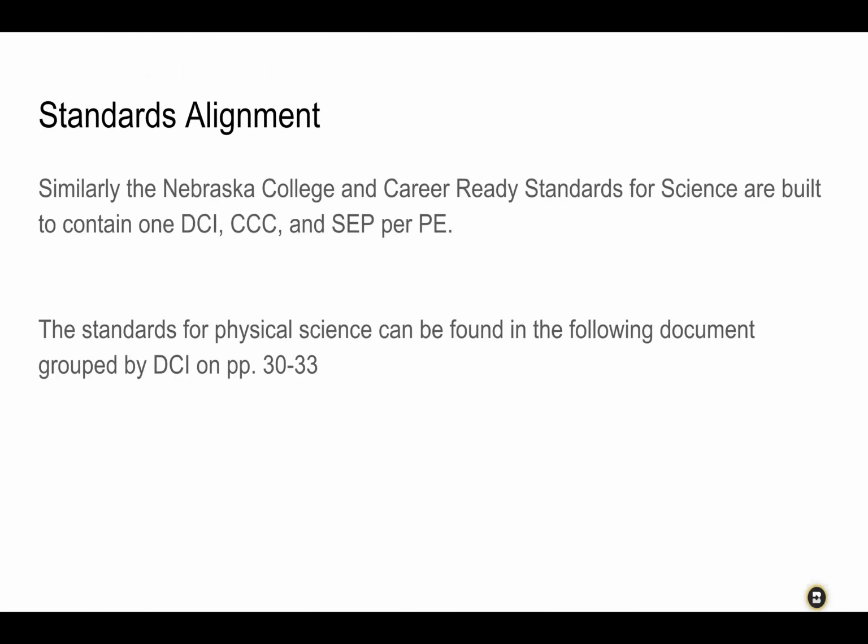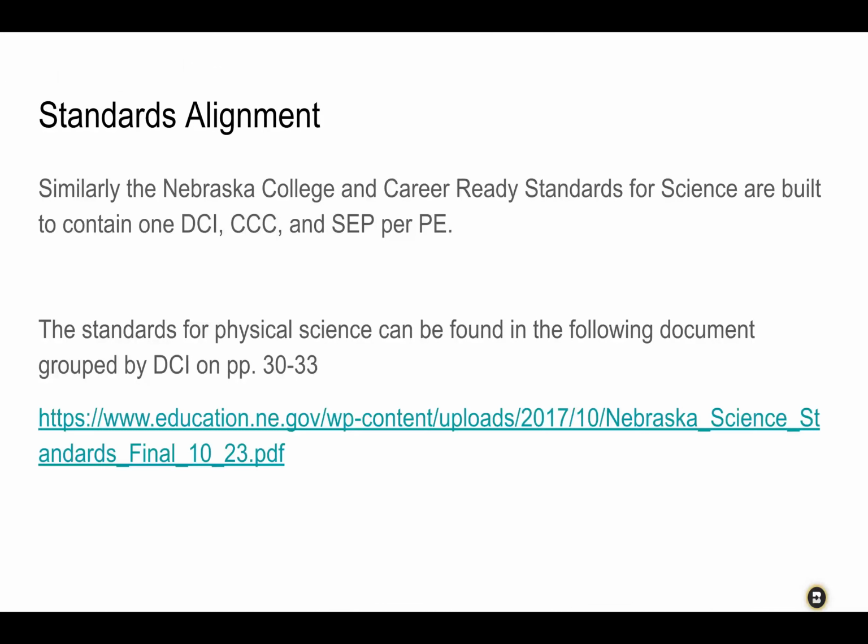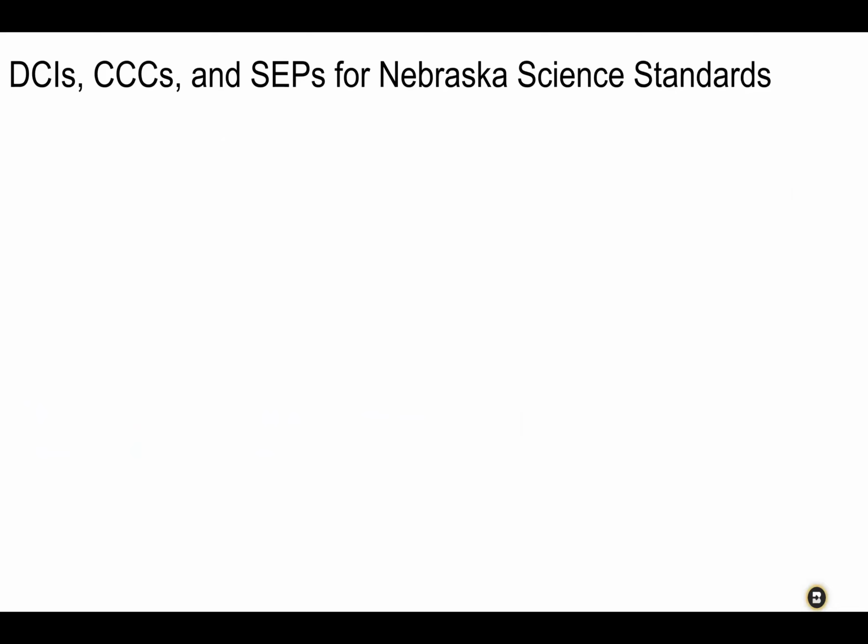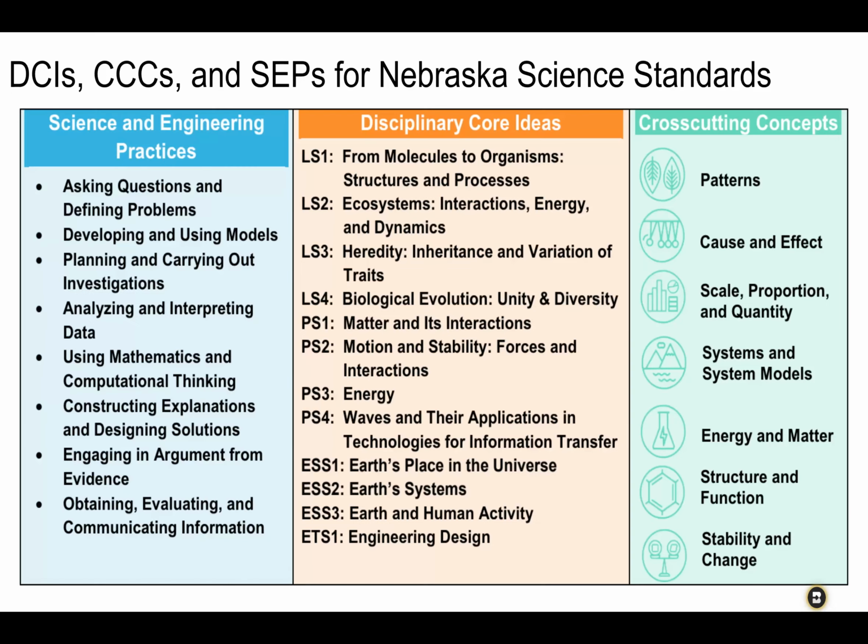The standards for physical science can be found in the following document, again, grouped by DCI. And this is what that would look like. Here are the science and engineering practices, disciplinary core ideas, and cross-cutting concepts. So as you can see, again, not very many. A short list of disciplinary core ideas as a whole.